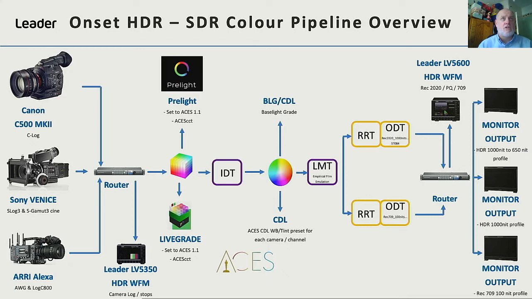And ACES has also become a delivery standard for Netflix. So from image capture through editing, VFX, mastering, public presentation, archiving, and future remastering, ACES ensures a consistent color experience that preserves the filmmaker's creative vision.